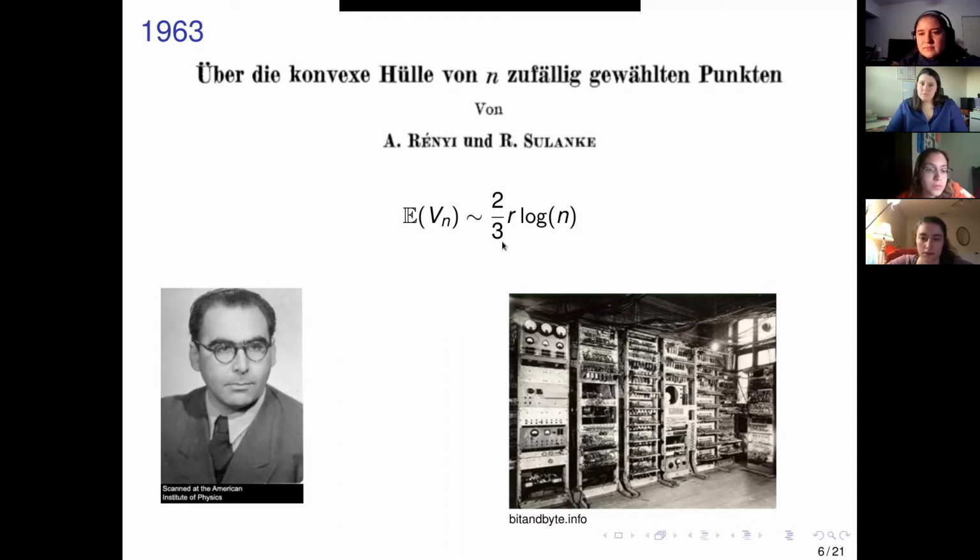If you're throwing points not in a square but in a hexagon instead, then you expect to have more vertices, since r will be 6, and so on. So it's very interesting that the shape of the bounding box really matters. It's not intuitive that this should be true. It's not obvious at all.